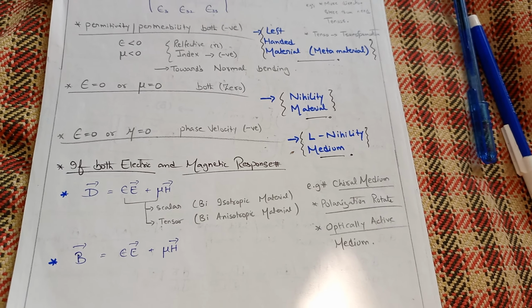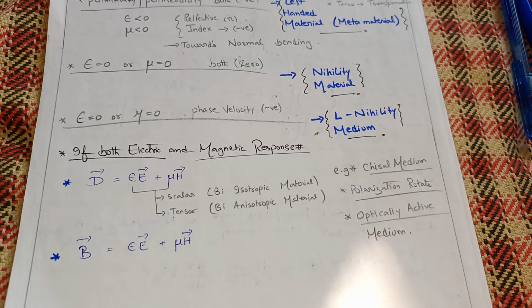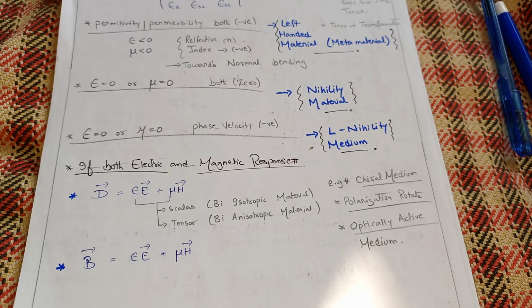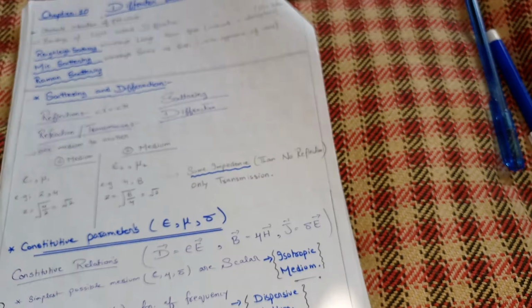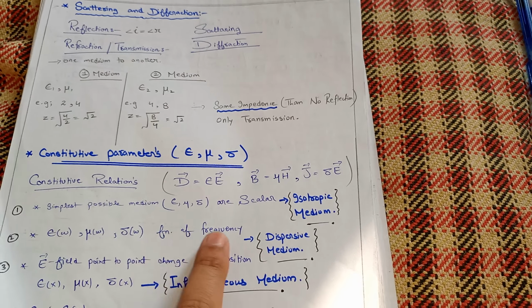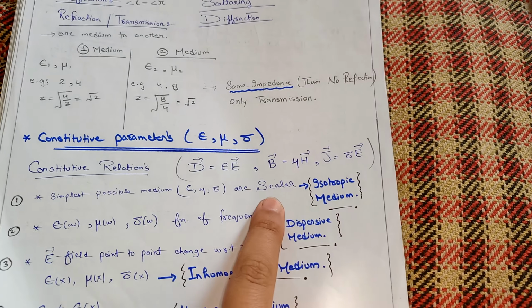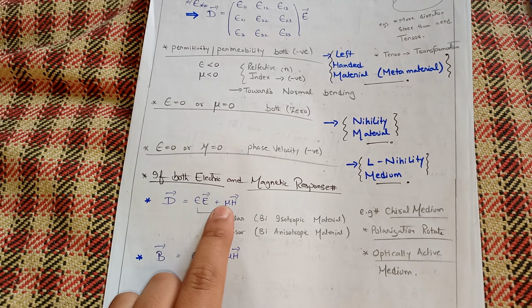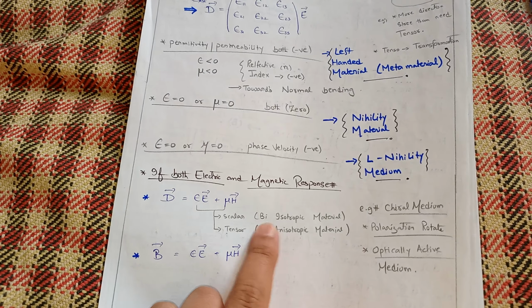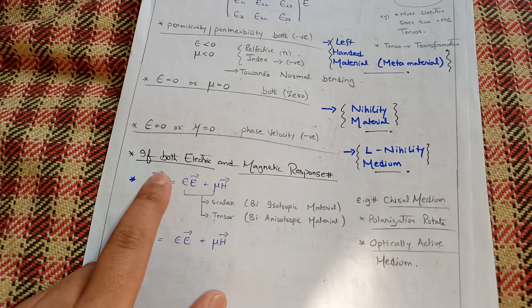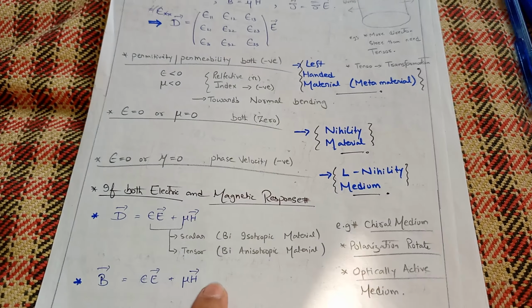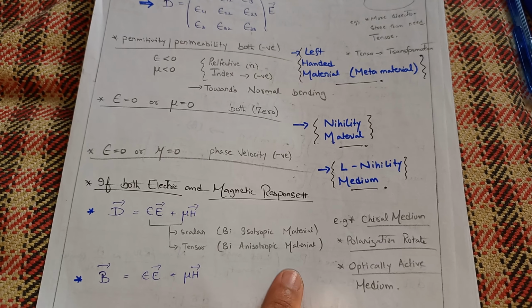And when they are tensors they are known as a bi-anisotropic medium. We already discussed that when the constitutive parameters are scalar, these are called isotropic media, and here since there are two constitutive parameters, they are called a bi-isotropic medium. But if they are tensors, as we discussed, those are called a bi-anisotropic medium.